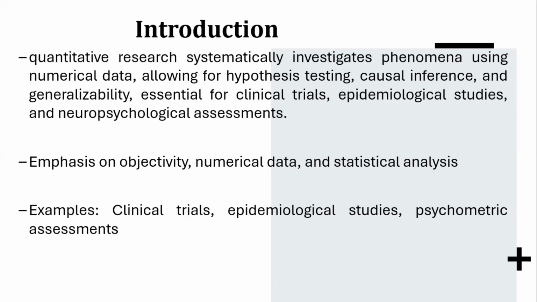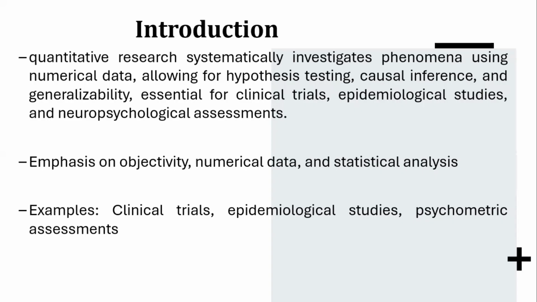When people use large quantitative data and conduct rigorous statistical analysis, the idea is to be able to generalize the findings from the sample to the population where the sample was drawn from. And so these are mainly used for clinical trials, epidemiological studies, and also neuropsychological assessments tend to be very quantitative based.